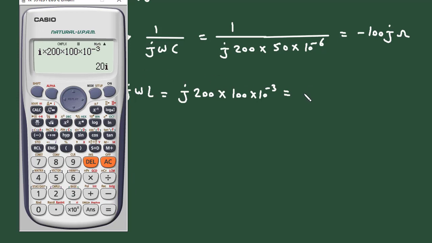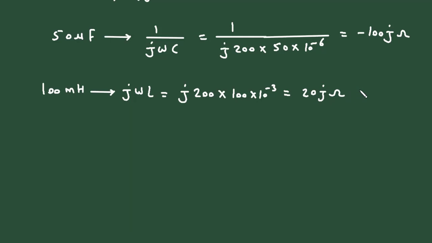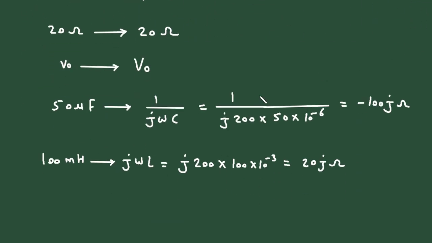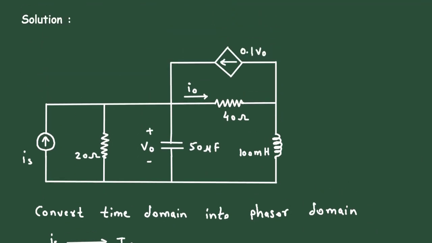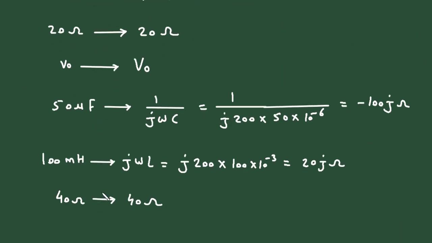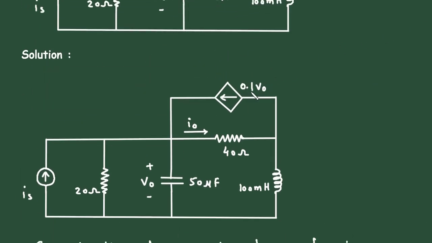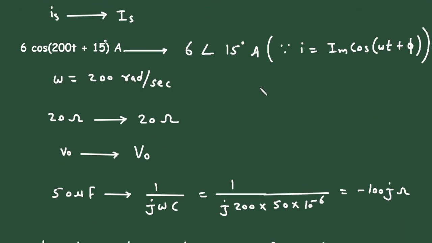So it is 20j ohm. Then next this 40 ohm will remain the same. Then this small io will change to capital Io. Then next is 0.1 Vo. So this vo will change to capital Vo.